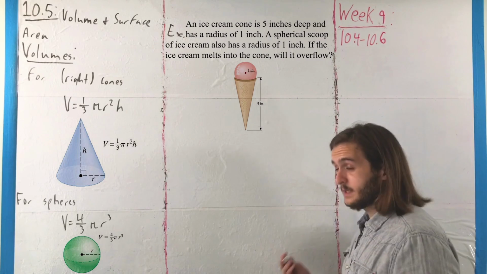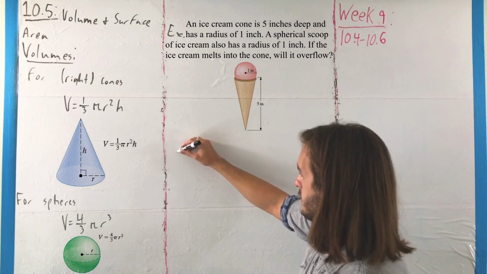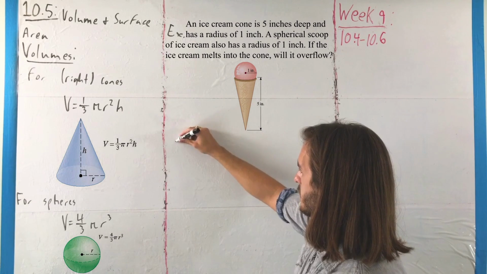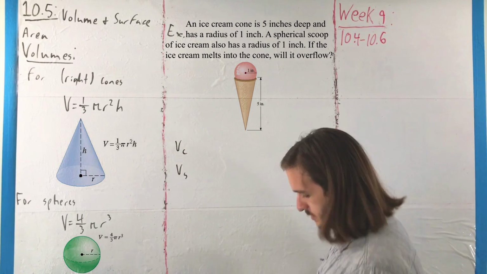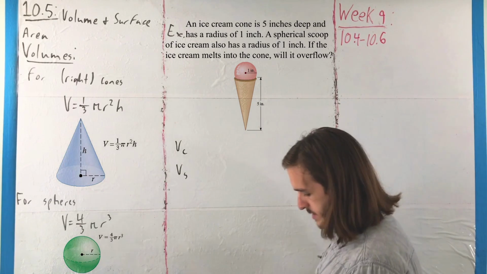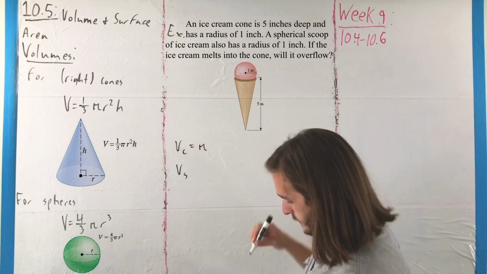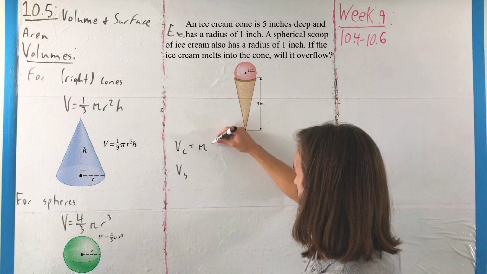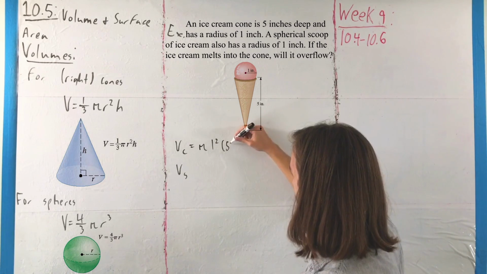So, we need our two volumes here in terms of those shapes. We need the volume of the cone, which I'm going to call VC, as well as the volume of the sphere, which I'll call VS. Where for VC, volume of cone, we're going to use that formula there. 1/3 pi, our radius r is 1, that's getting squared, and our height here is 5.